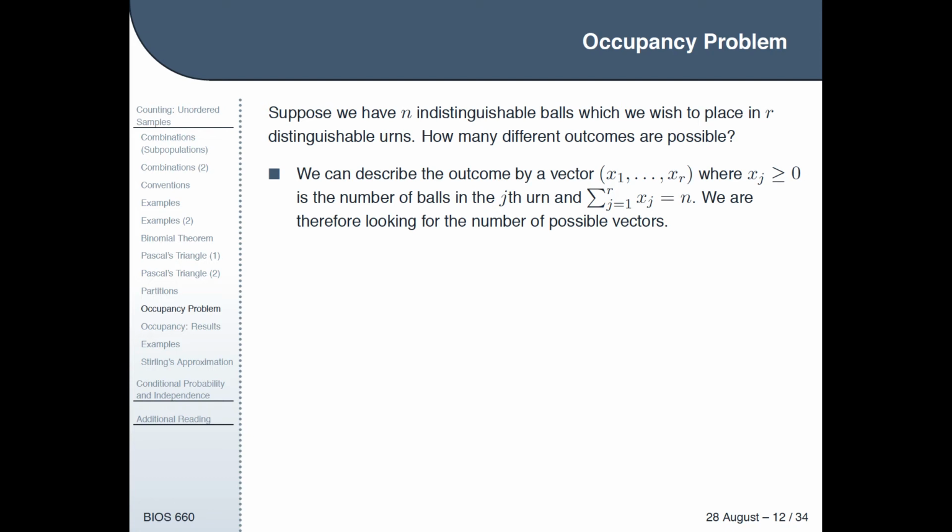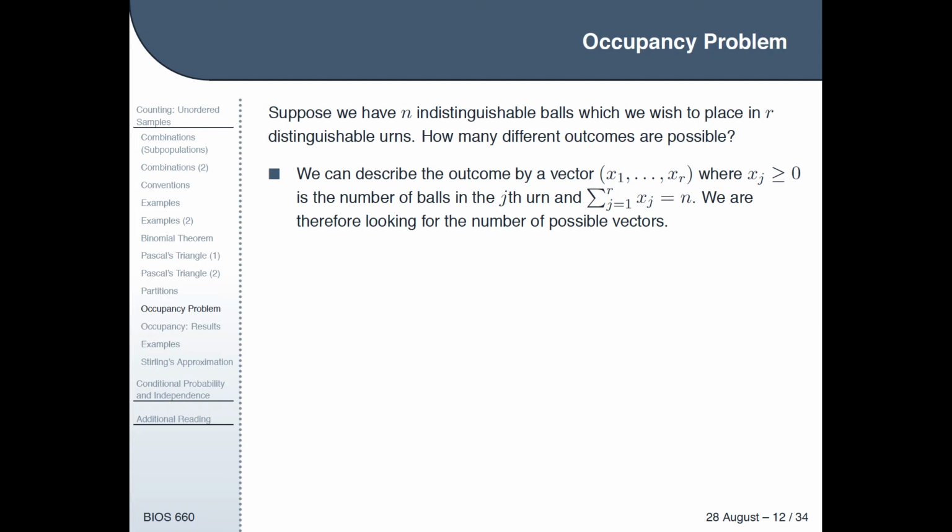So, the occupancy problem in the classical statement of the problem is, say you have n indistinguishable balls we want to place into our r distinguishable urns, so how many different outcomes are possible?